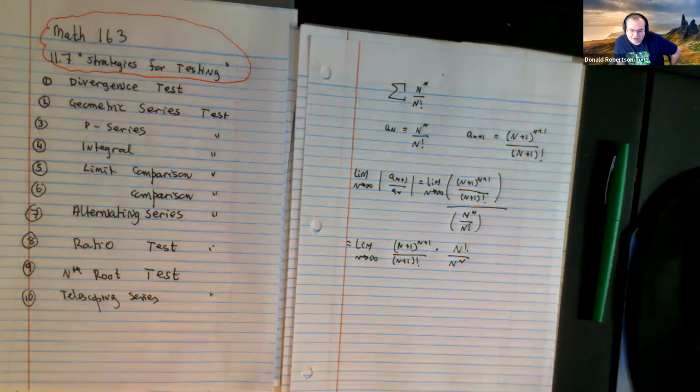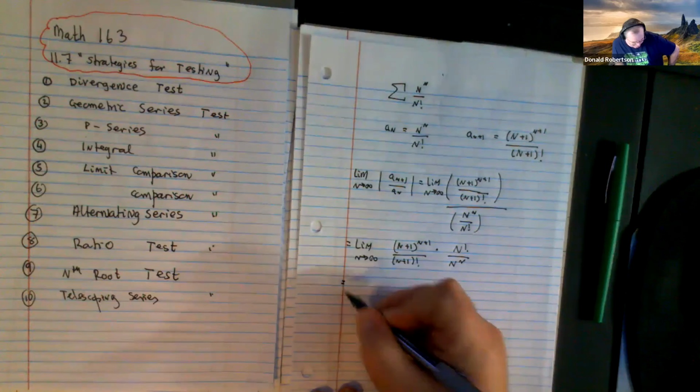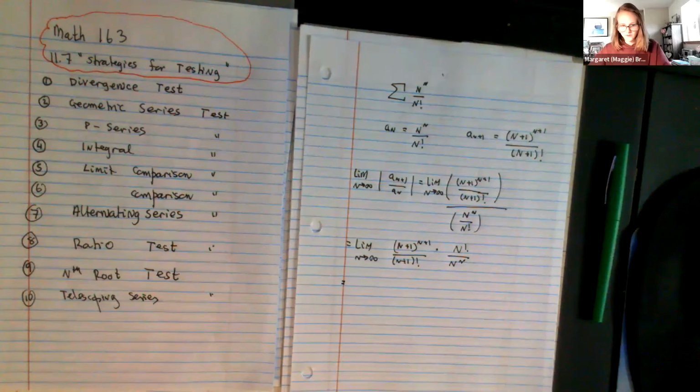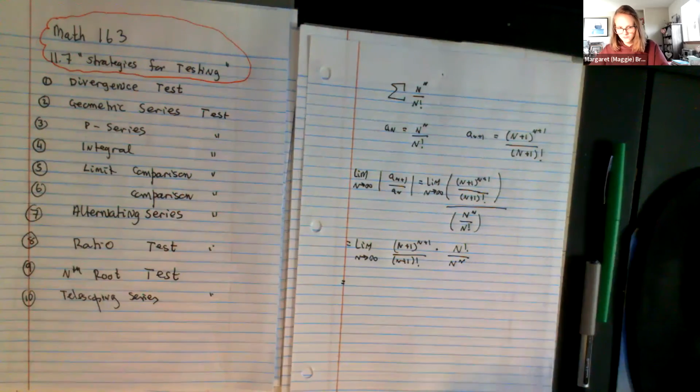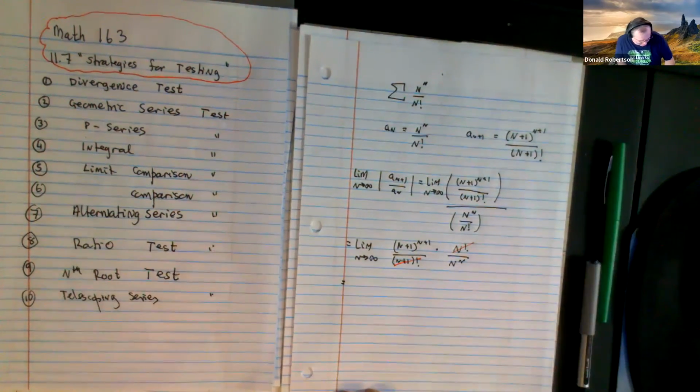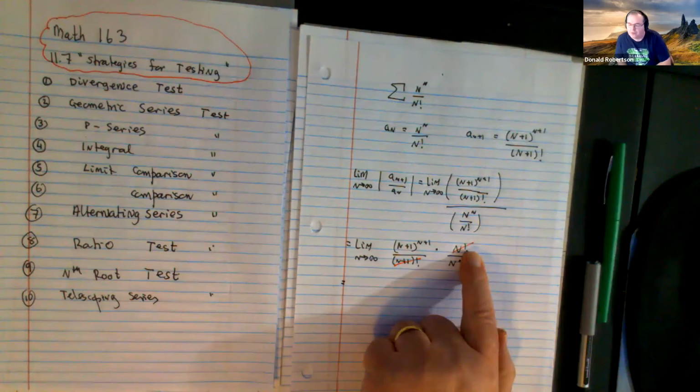Right, is anything on the top going to cancel nicely with anything on the bottom? Won't the n factorial cancel? What's going to be left behind when an n factorial fights with an (n+1) factorial?